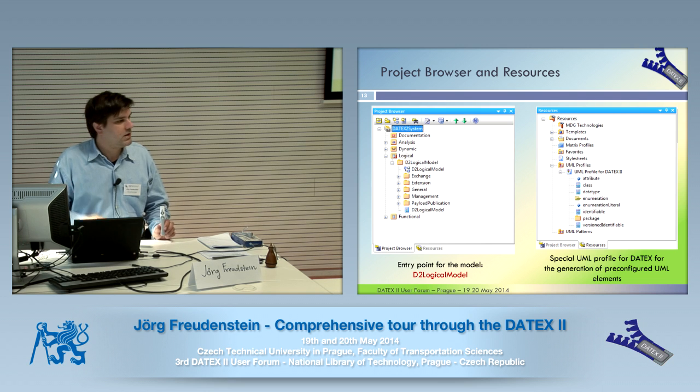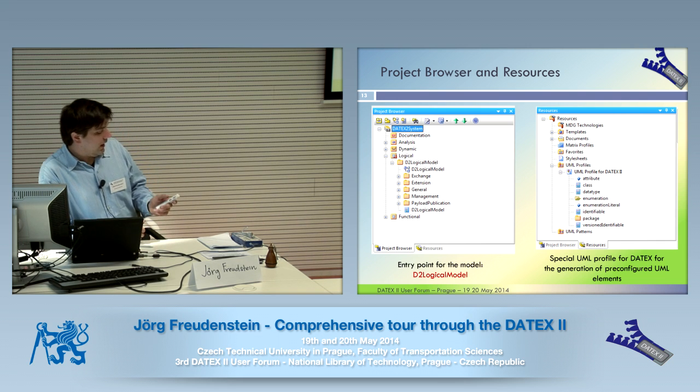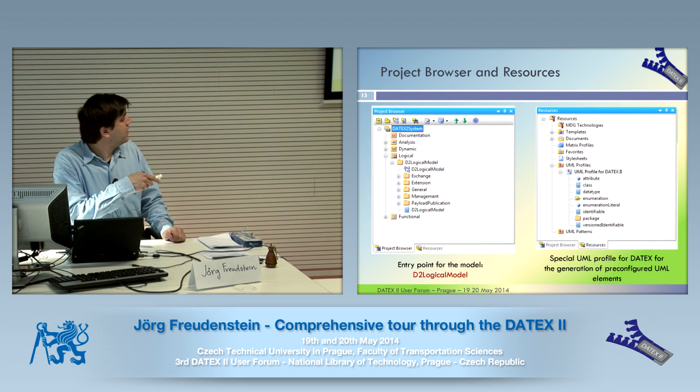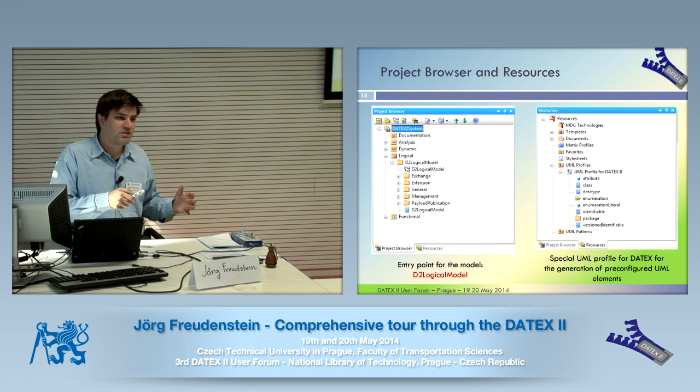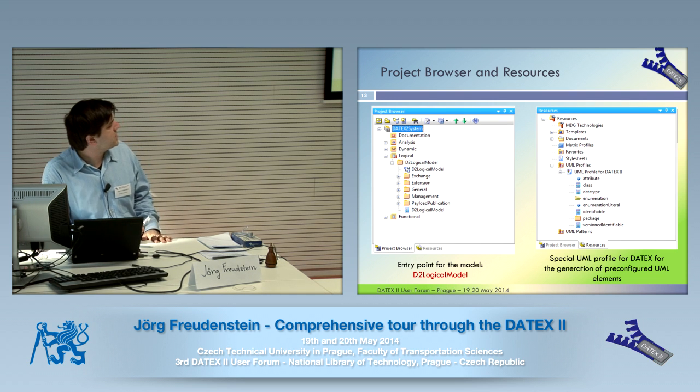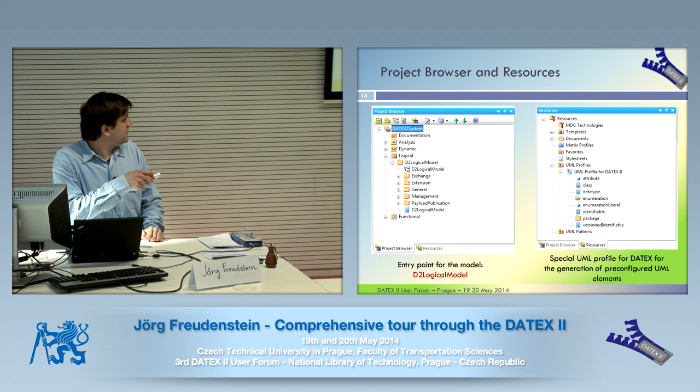It was created by the Datex user community. And you can find some UML elements here. Of course, you know these names of the UML models. But it's a special profile. So this is a predefined attribute. Of course, it's kind of a normal UML attribute, but it has some special features, especially some tagged values predefined, and all the other things in a similar way.